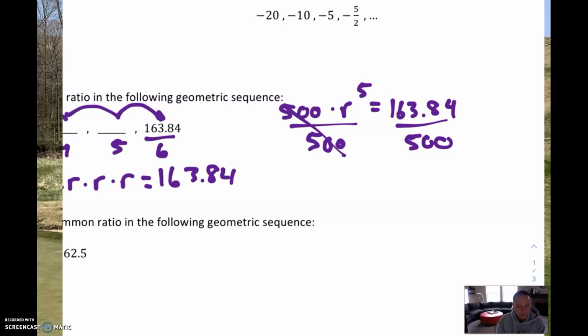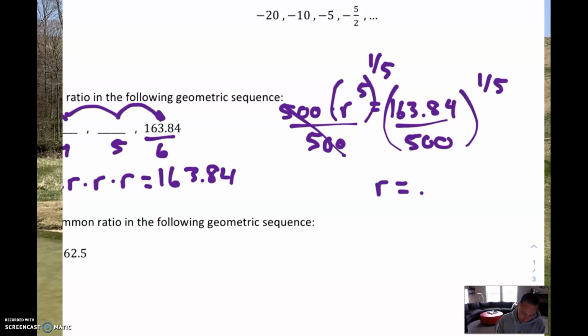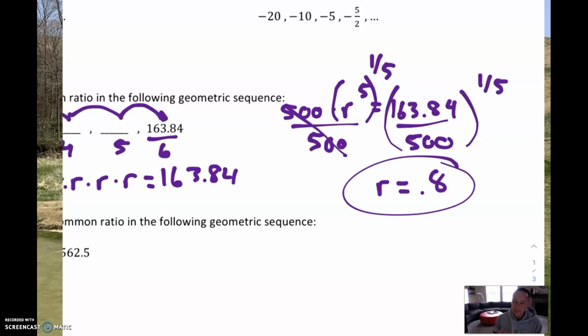Now, hopefully you remember from our last unit, if you want to get rid of something to the 5th power, you can just raise it to the 1/5 power. So whatever decimal that spits out at you, raise it to the 1/5 power or the 0.2 power. And if you do it correctly, we get R equals 0.8. There's your common ratio.